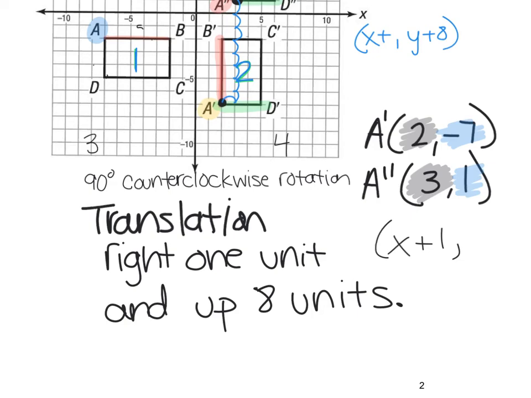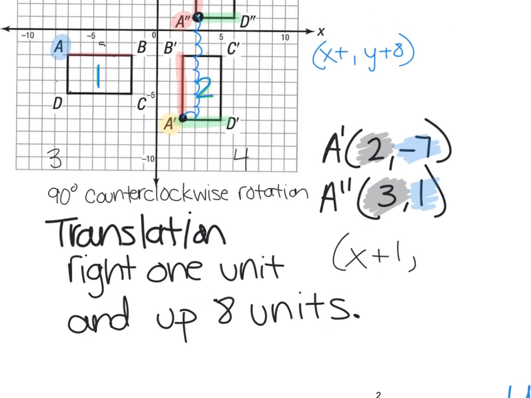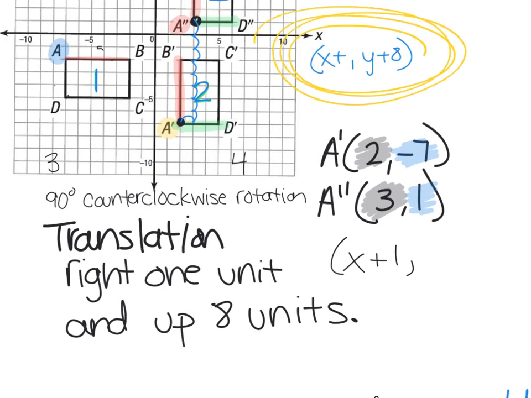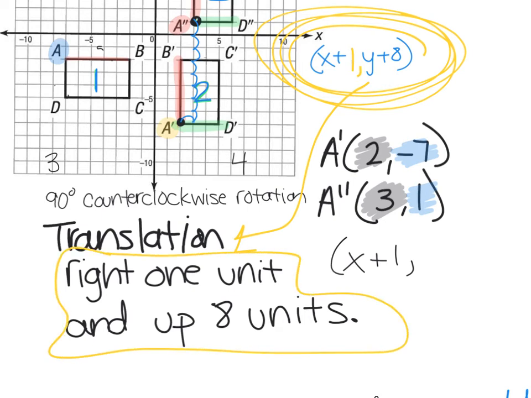So again, you can use the notation. Oh, it got erased. We can use this notation. Say translation x plus 1, y plus 8. Or you can use the sentence, right 1 unit, up 8 units. Both answers are correct. Let's take a look at one more example.